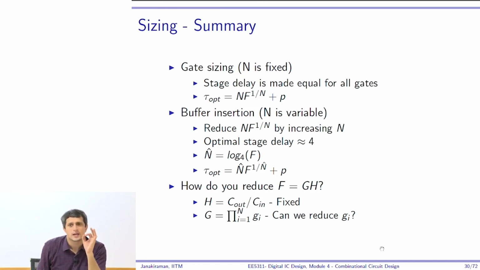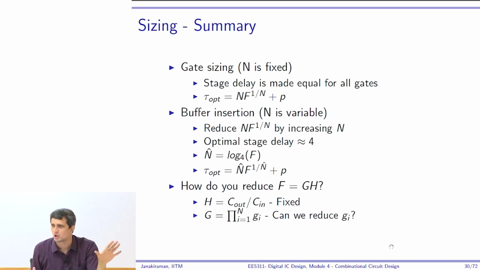So, the only thing left for us to tweak is the path logical effort G, which will simply translate to the gate logical effort Gk. In order to reduce the delay of a path any further, I need to reduce the logical effort of the gate. Remaining part of this module will be discussion of various styles of CMOS gates, where I simply reduce the logical effort significantly step by step.